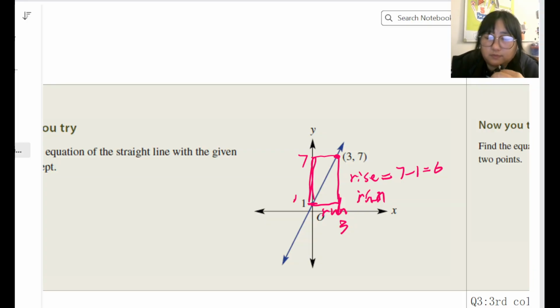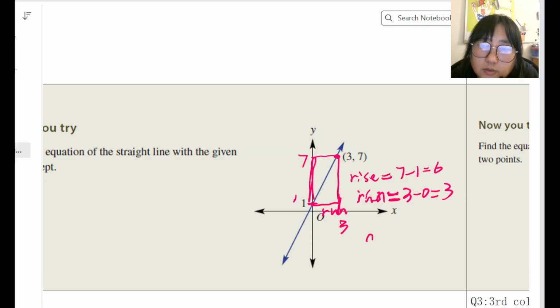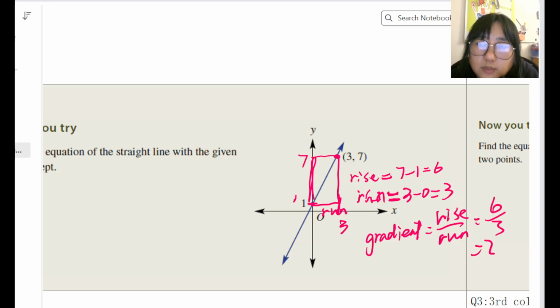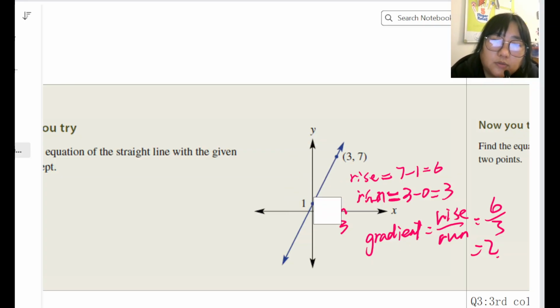So my gradient will be rise over run, that is 6 over 3. So the gradient is 2. Now you have your gradient equal to 2, and you also know your y-intercept is (0, 1).